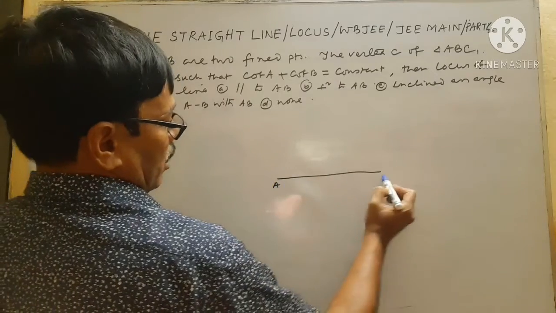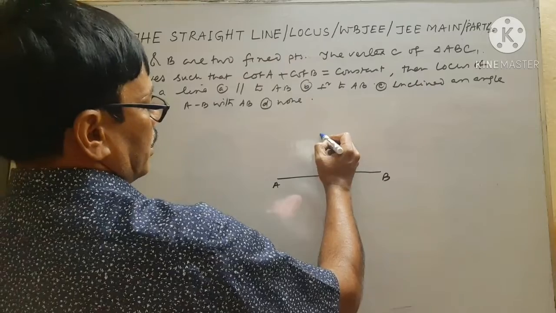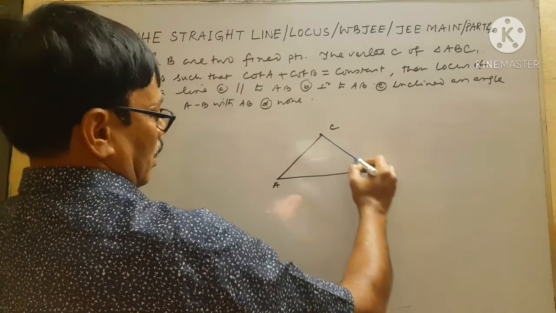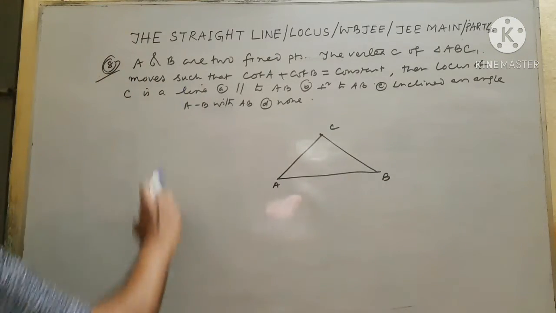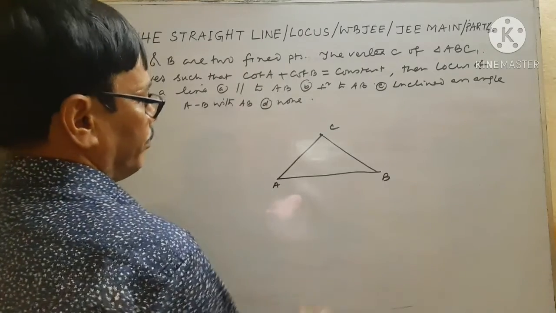A and B are two fixed points, and the vertex C of triangle ABC moves such that cot A + cot B equals a constant.